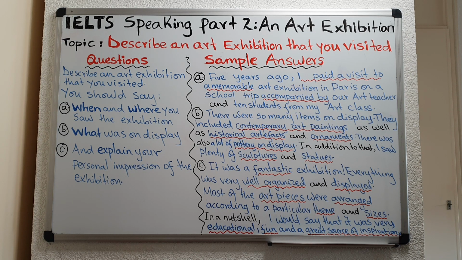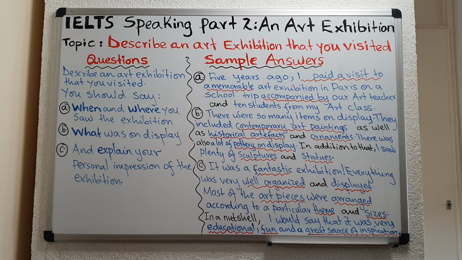Now, the next tip that is going to help you is if you're aiming for a band 8 and a band 9, then use compound and complex sentences. A compound sentence has 2 verbs. A complex sentence has 3 or more verbs. A compound sentence is joined with 1 linking word.